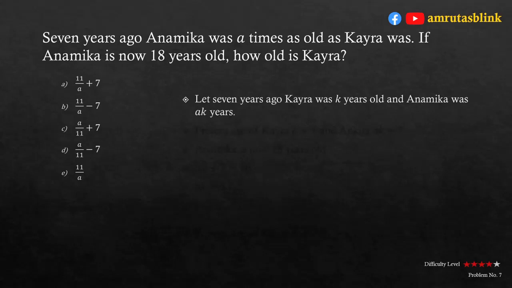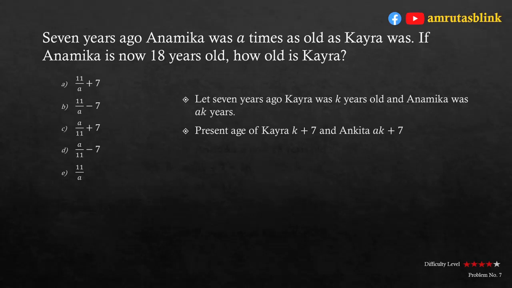What is the first sentence given? That 7 years ago Anamika was 8 times as old as Kyra. So, if 7 years ago Kyra's age was k, then Anamika's age must be a into k, that is ak years. So, if 7 years ago Anamika's age was ak years, then her today's age must be ak plus 7.